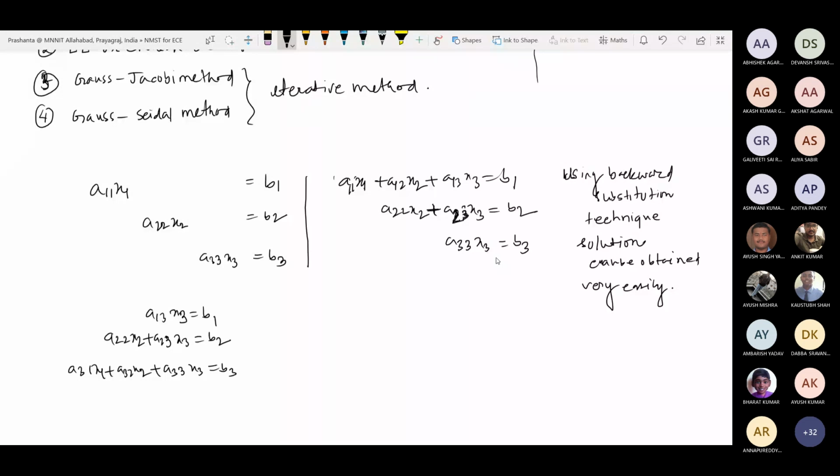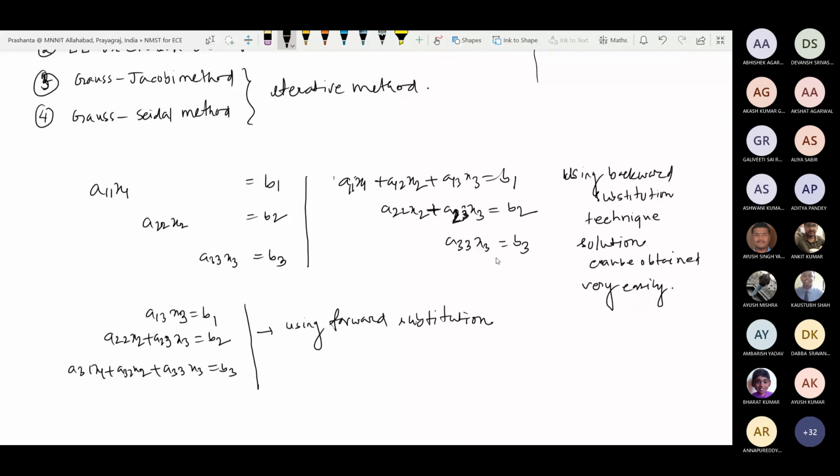How can you solve this? Using forward substitution. So if the system is one of these three, then you can easily obtain the solution.